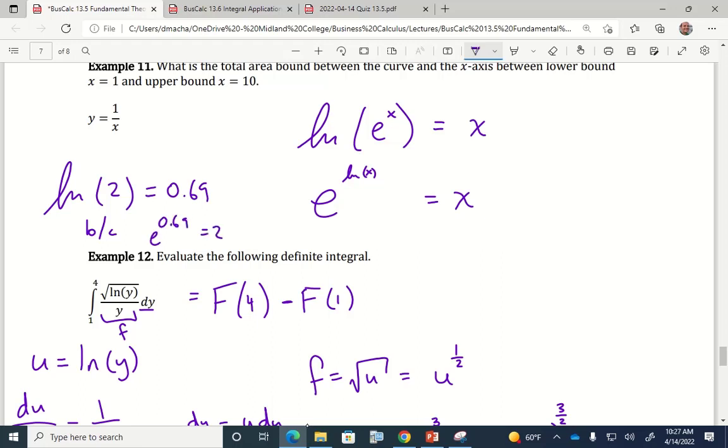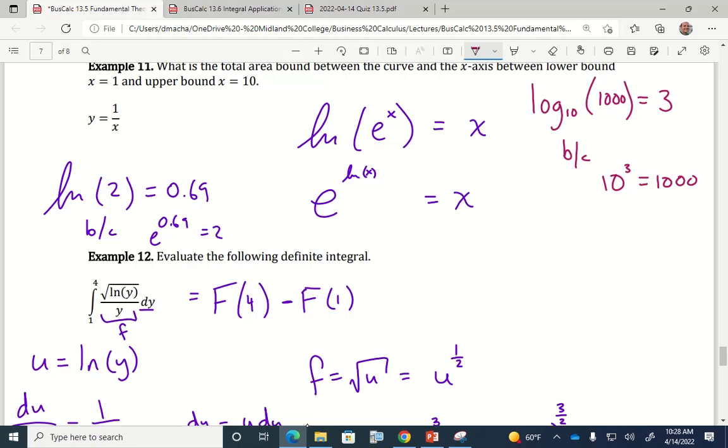And likewise, if I were to ask for the logarithm base 10 of 1,000, we're asking, 10 raised to what power gives me 1,000? And this is 3, exactly because 10 raised to the power 3 is equal to 1,000.